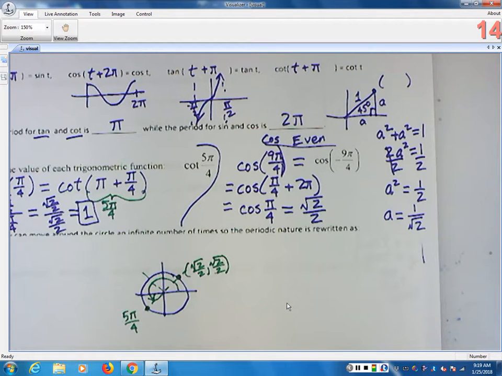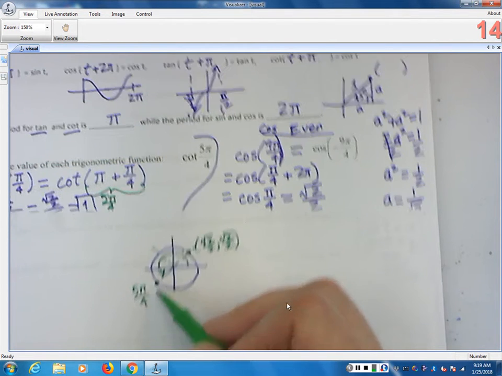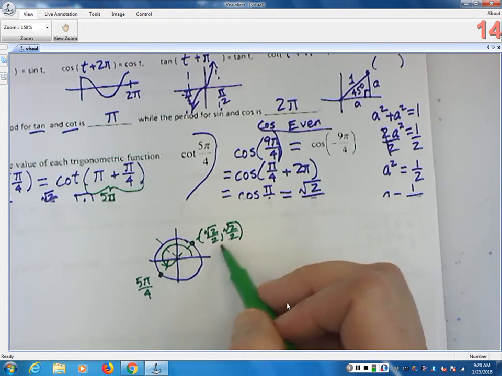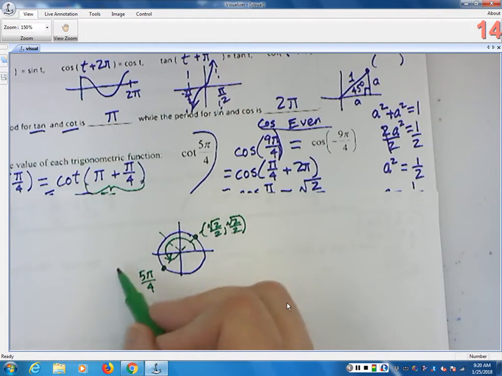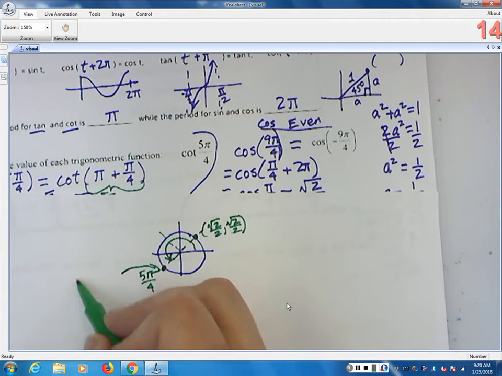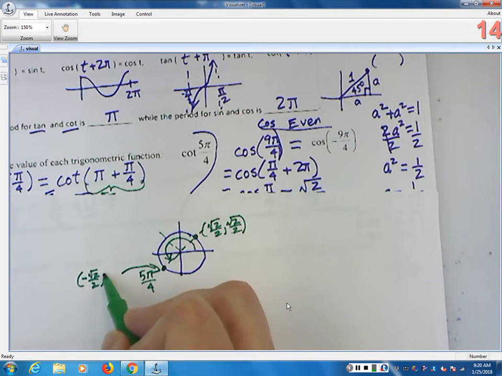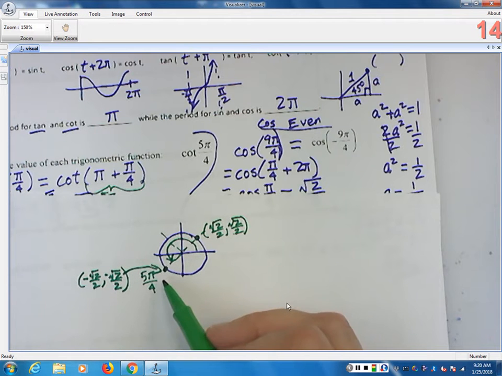Okay, so we went to there, and we have positive values here, but this is the third quadrant. We're going to have negative values. The point over here will be negative square root of 2 over 2, negative square root of 2 over 2. Remember, cotangent was cosine over sine. If you divide two negatives, you get a positive.